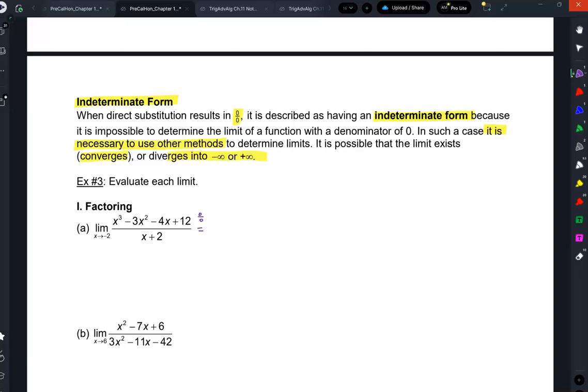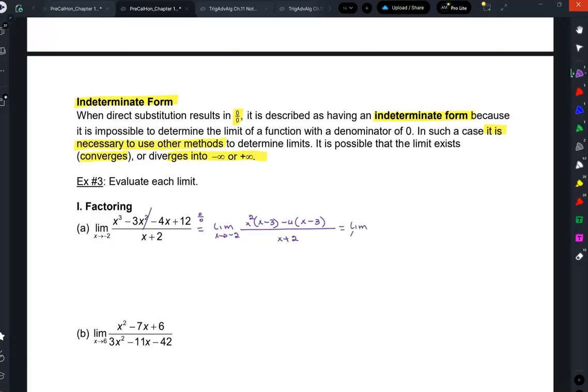Now, if we're going to work on this problem using algebra, the limit notation has to come with us at every single step. So this is the limit as x approaches negative 2. The denominator is x plus 2, but I have to do a little bit of factor by grouping here. x squared, x minus 3, minus 4, x minus 3.